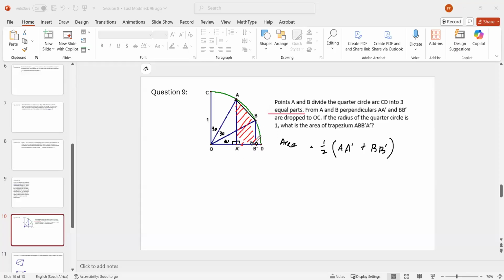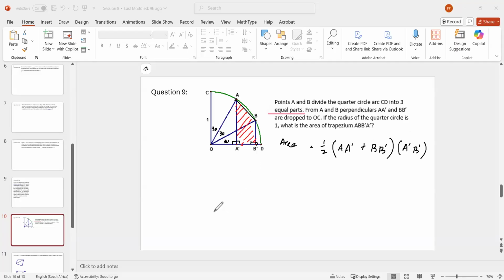Now the distance between them, you can see it quite clearly, is A prime, B prime. So we need to calculate these 3 lengths, okay?